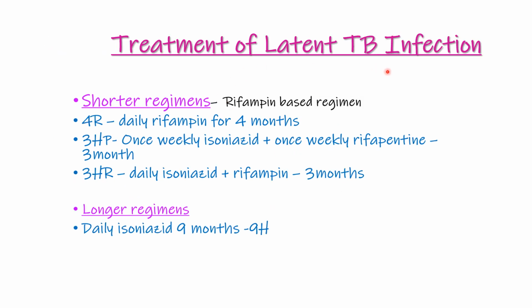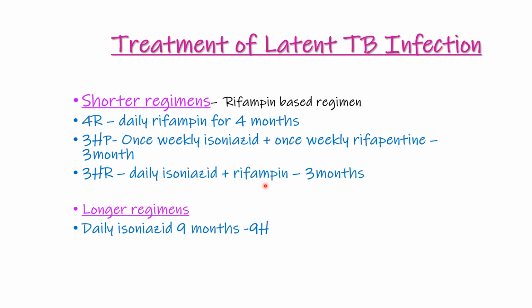So treatment for latent TB infection, as I've said before, there's a whole video I've made about latent TB infection. You can just go through that video. However, we have shorter, rifampicin-based regimens that I prefer: 4R, that is daily rifampicin for 4 months, or 3HP, where you have weekly isoniazid plus weekly rifapentine for 3 months, or 3HR, where you have daily isoniazid plus daily rifampicin for 3 months.